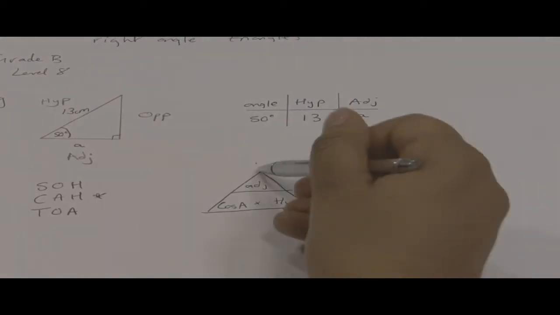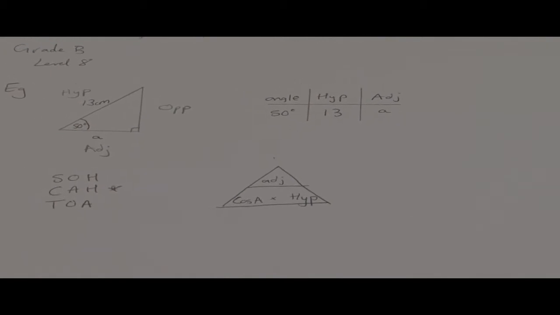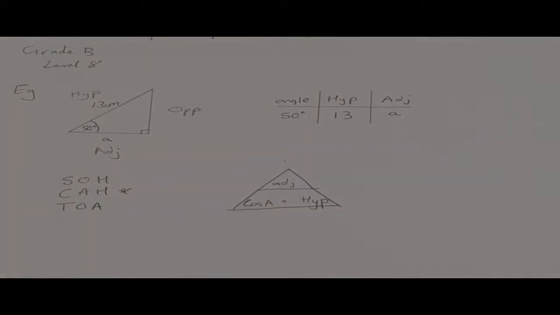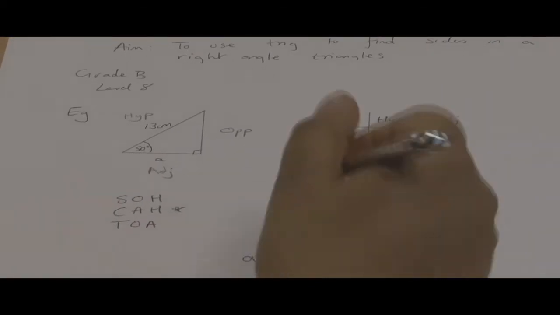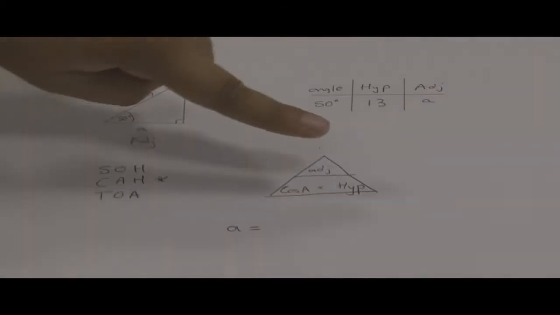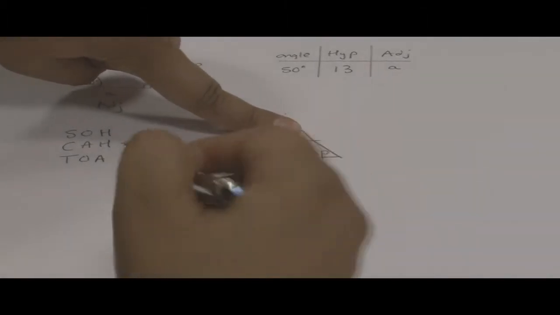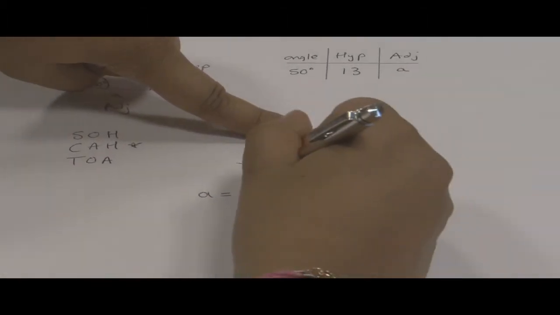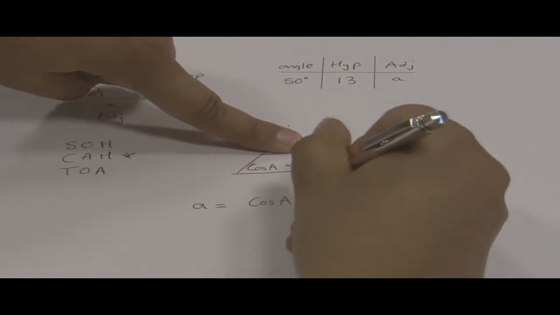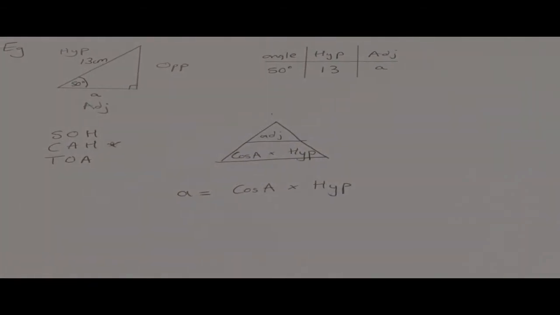So we use our trig ratio triangle to work out the length of A. We've got to work out the adjacent, so we cover up what we're trying to work out. So the adjacent will be cos of our angle times by the hypotenuse. That's the formula.